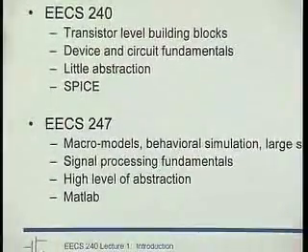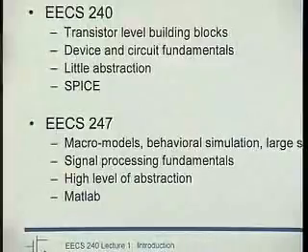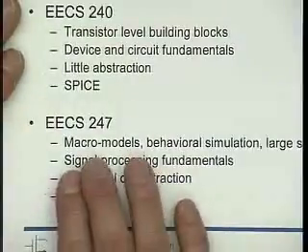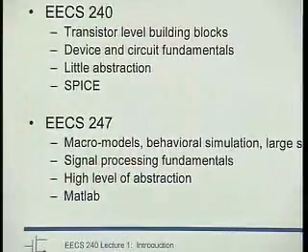247 is a mixed signal course focusing on the analog part of the mixed. It looks at macro models, behavioral simulation, large systems. It looks at things like A to D converters, filters, and it looks at them with a relatively high level of abstraction.